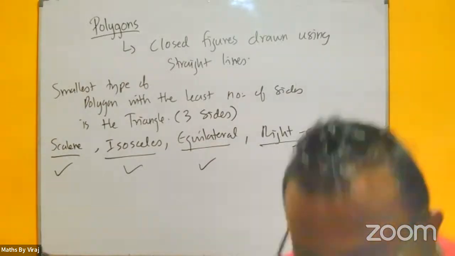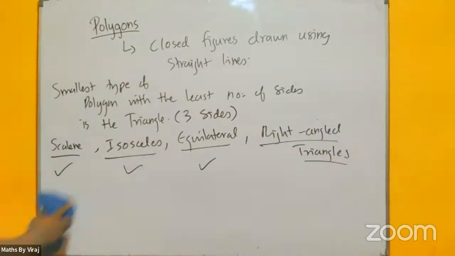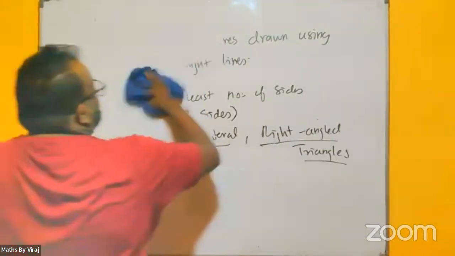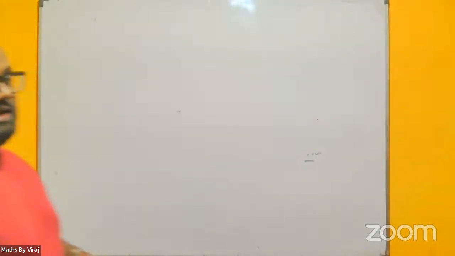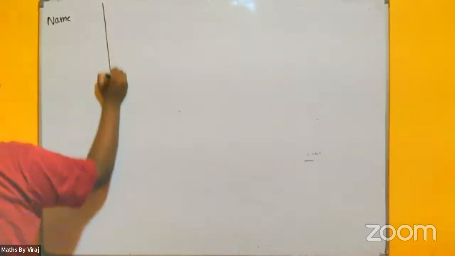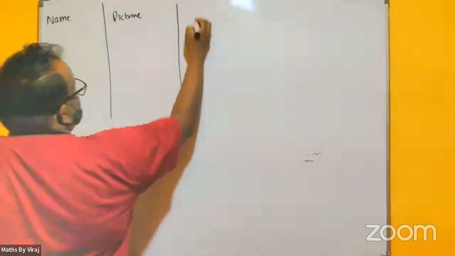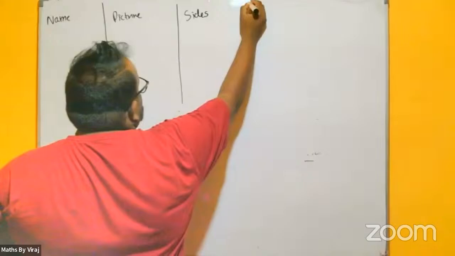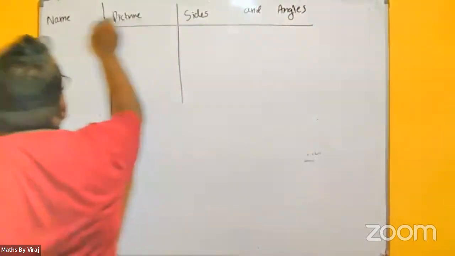Now let's categorize them according to their figure, how they look. Equilateral, scalene, and isosceles triangles. Here I am going to subcategorize it in a way where you can understand clearly: name, picture, sides, and angles.